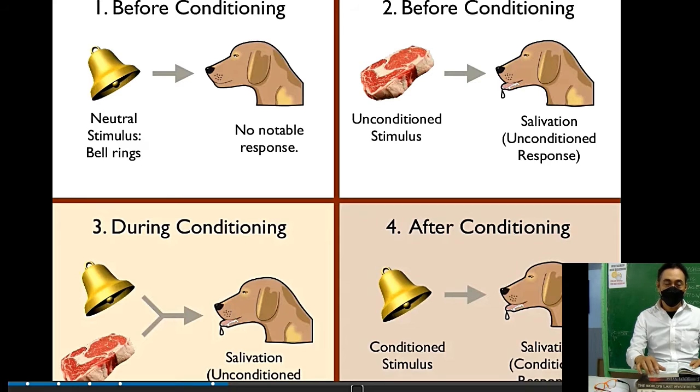In this chart, before conditioning, neutral stimulus: when the bell rings, there is no response from the dog. On page 2, the dog begins to salivate as the food or the meat is presented in front of the dog.